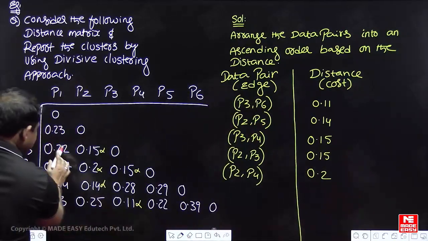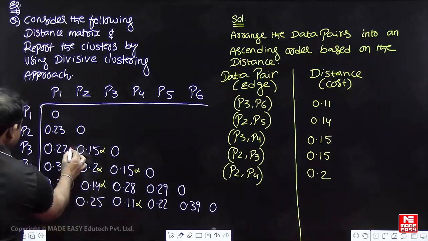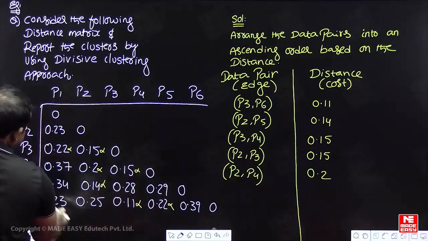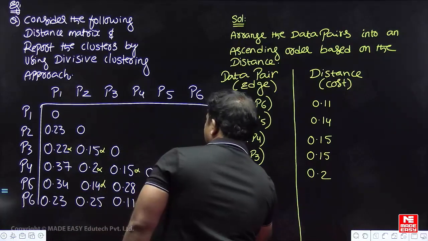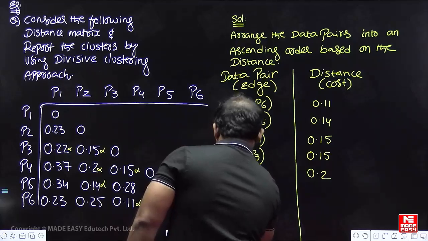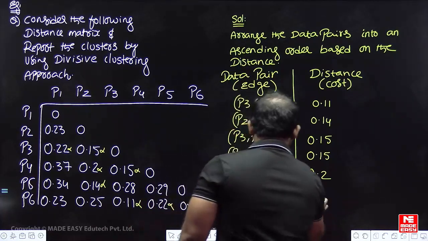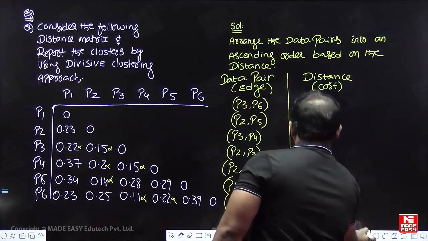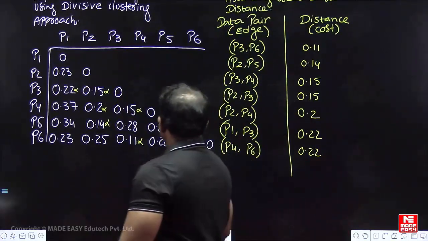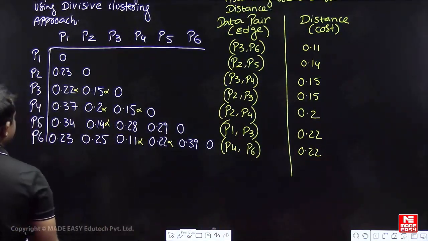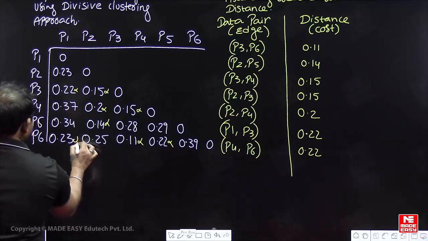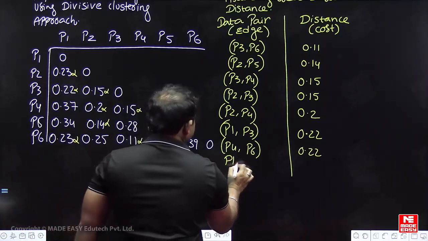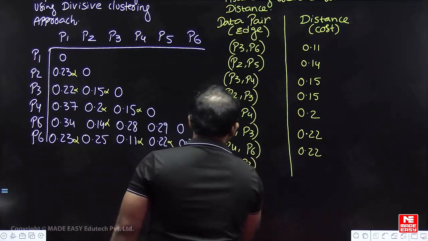And the next one is 0.22, with two pairs: P1 to P3 and P4 to P6. Then 0.23: P1 to P2 and P1 to P6.